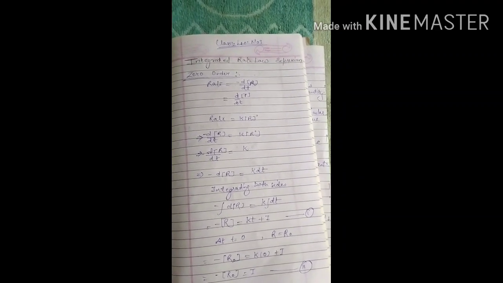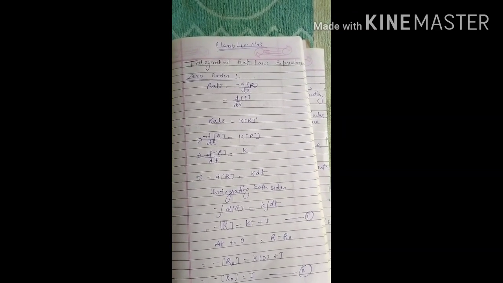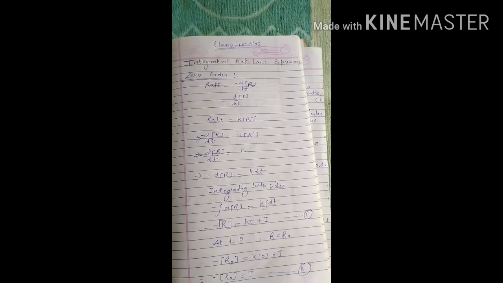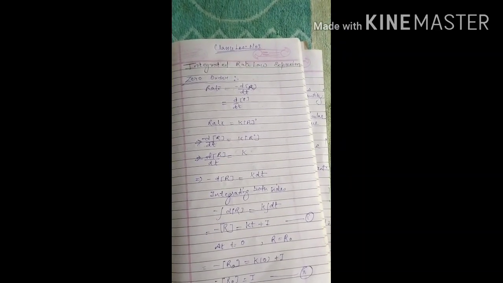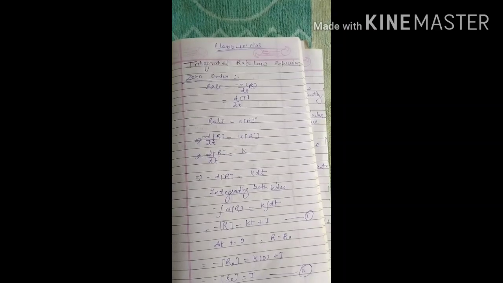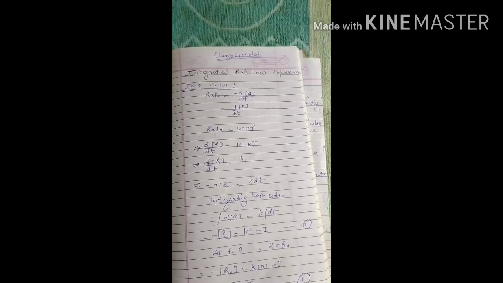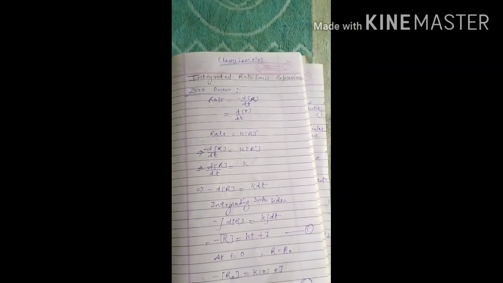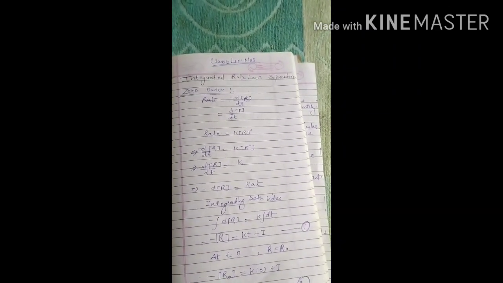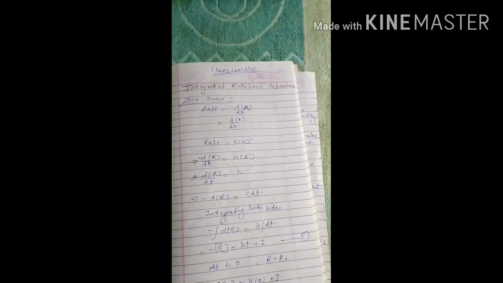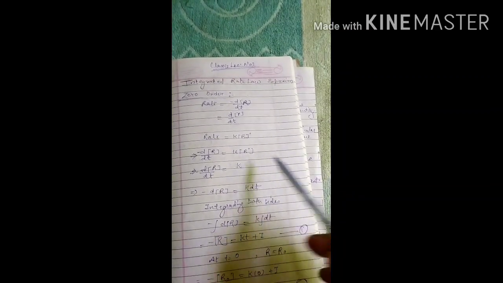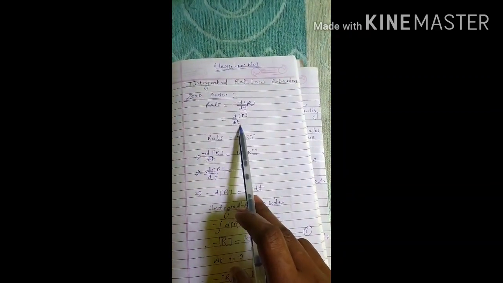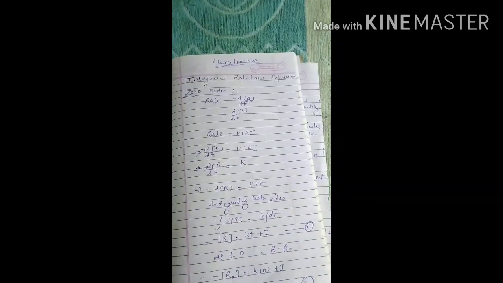If we are taking a zero order reaction, then rate can be expressed in differential form as minus dR by dt, where R is the concentration of the reactant, and dP by dt is the concentration of product.